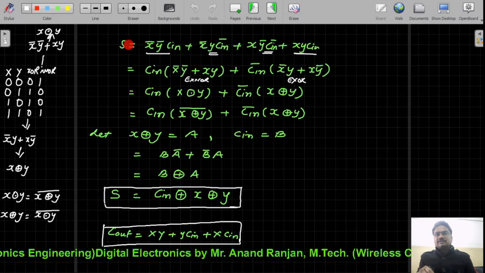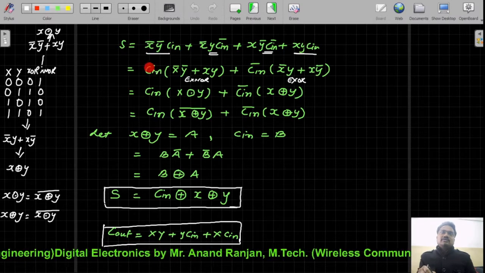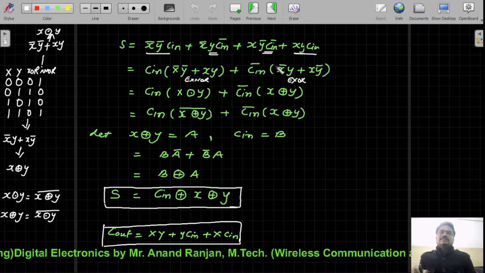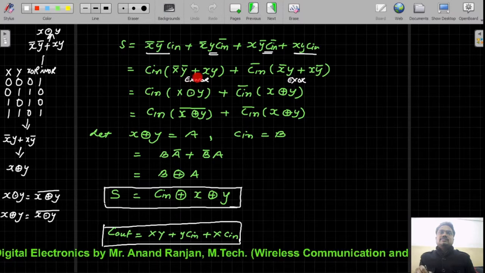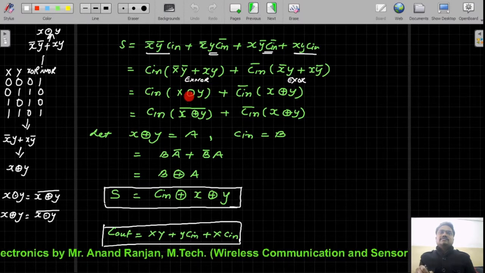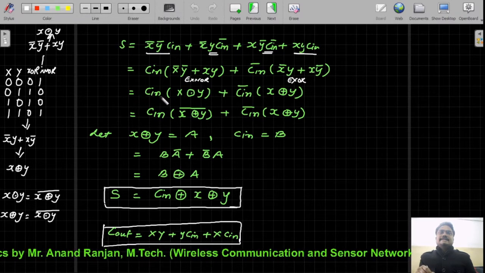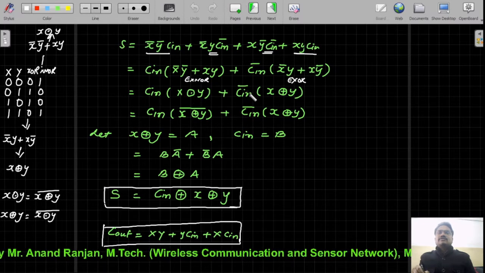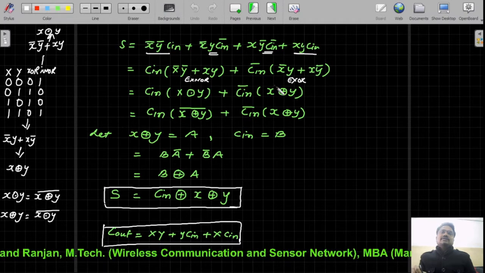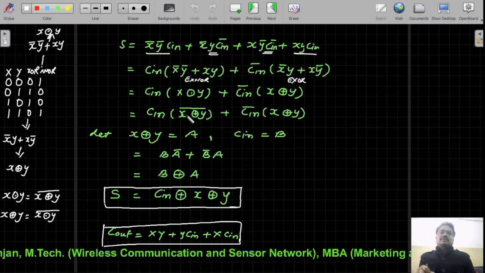Now let's try to reduce the S expression. First we write the standard canonical form expression, then we take some variables common, like Cin and Cin bar. We get these expressions, which are standard gate output expressions, so we write them in symbolic form: Cin with X XNOR Y, while Cin bar goes with X XOR Y, and of course XOR and XNOR are complements of each other.